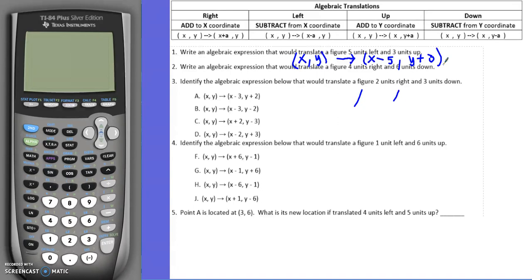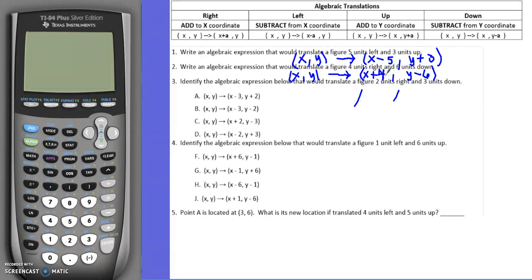X minus 5, y plus 3. All right, let's take a look at the next one. Write an algebraic expression if you translate a figure 4 units to the right and 6 units down. So going to the right is a plus. So x plus 4 and 6 units down, that's y minus 6. So x plus 4 and y minus 6.